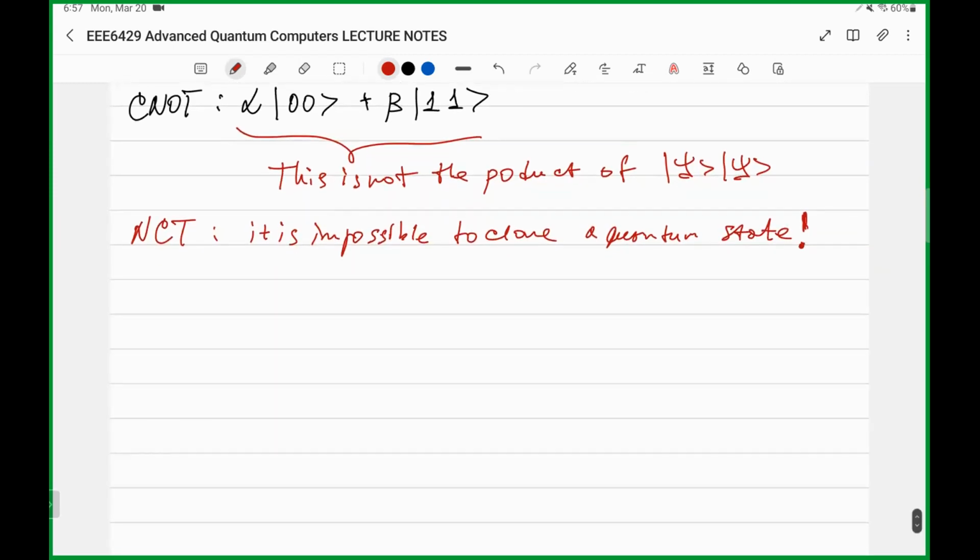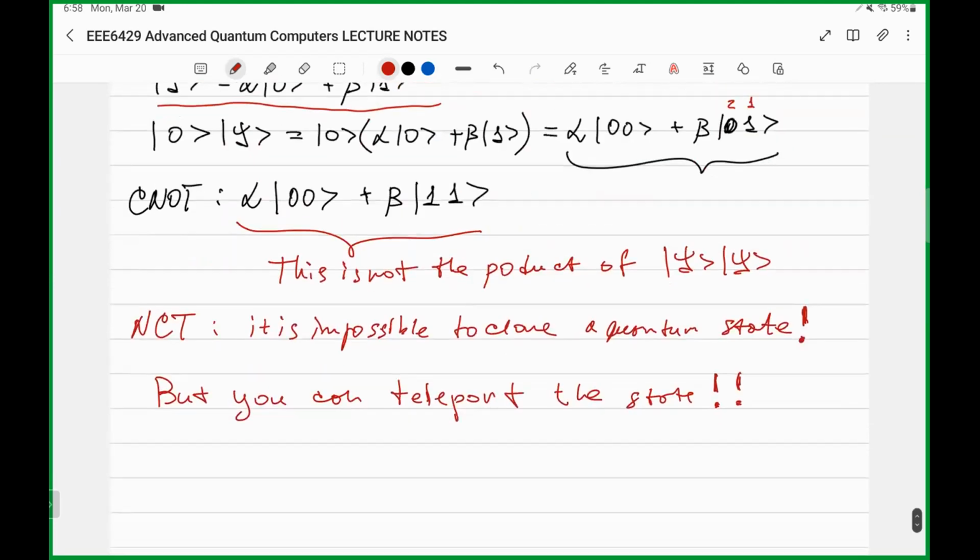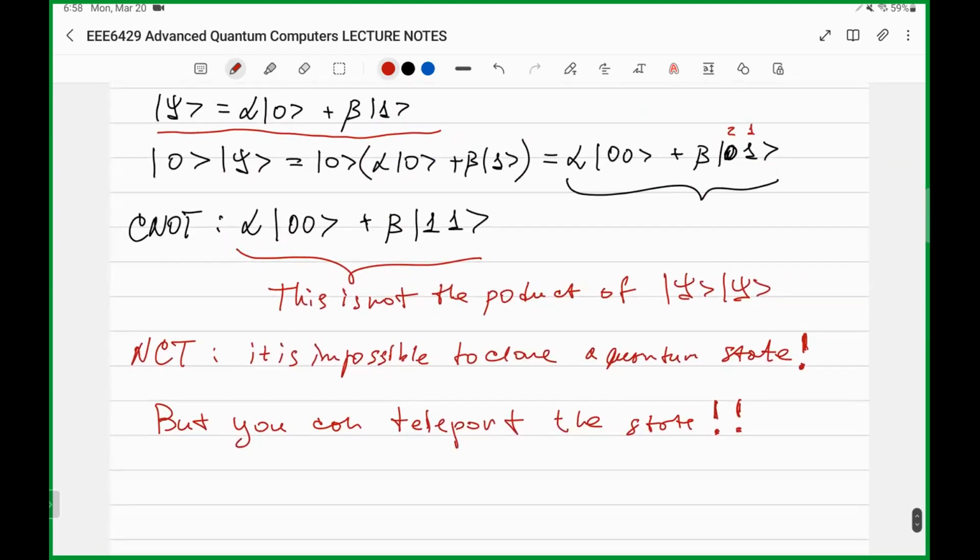But what you can actually do with a quantum state is teleport it. And this is what we're going to discuss right now. So do you have any questions about this part?